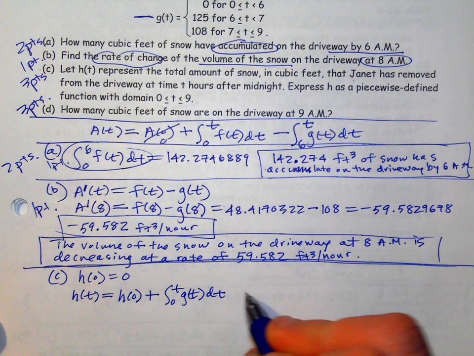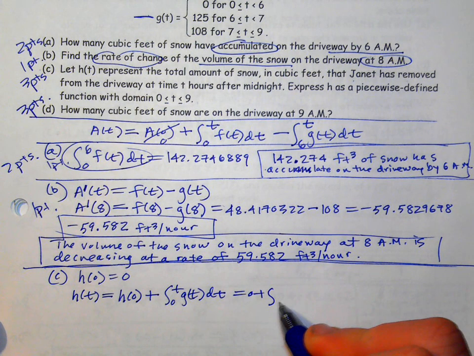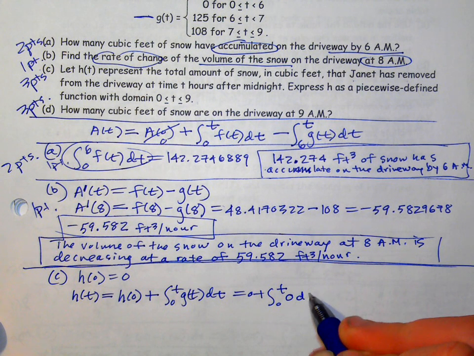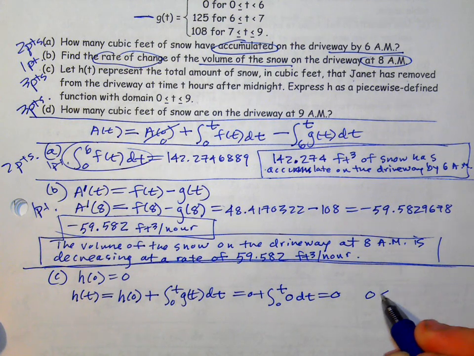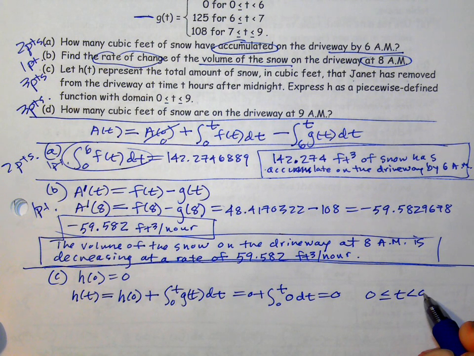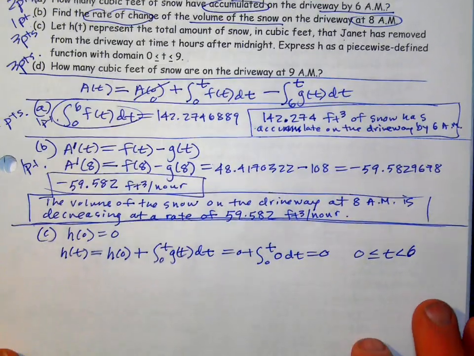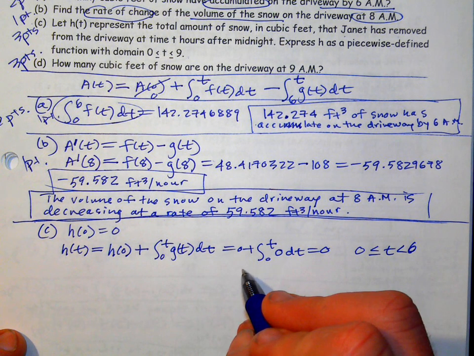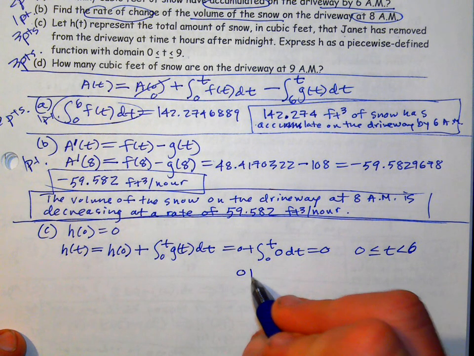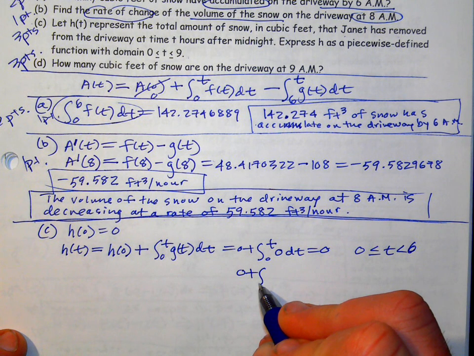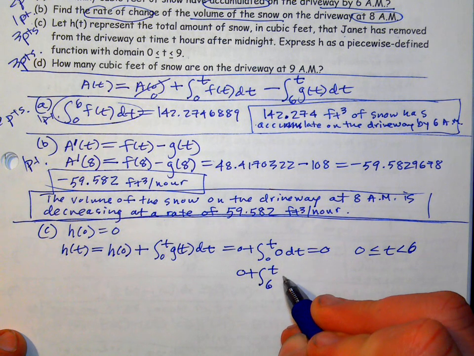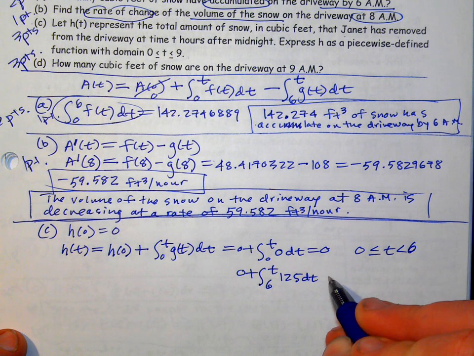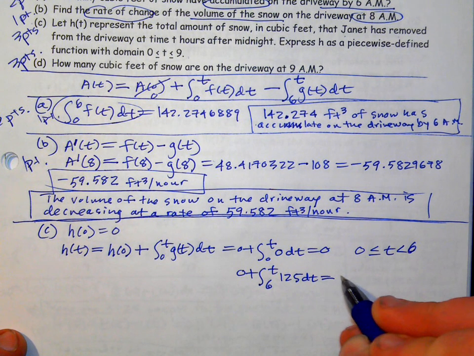And so that's going to equal 0 plus the integral 0 to t of, now from 0 to 6 a.m., she's not removing anything. So it's just 0 from 0 to 6 and not including 6. And then it's still 0 from 6 to t. It's 125 dt.